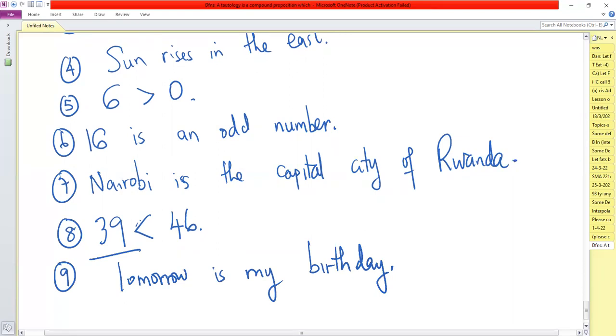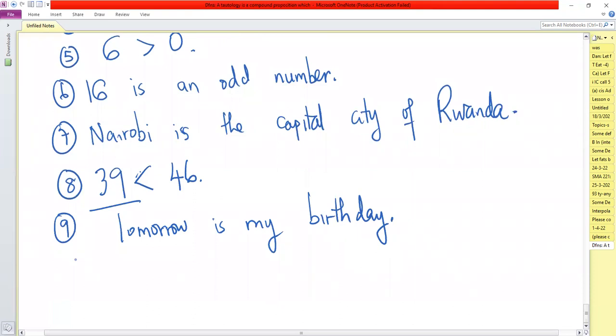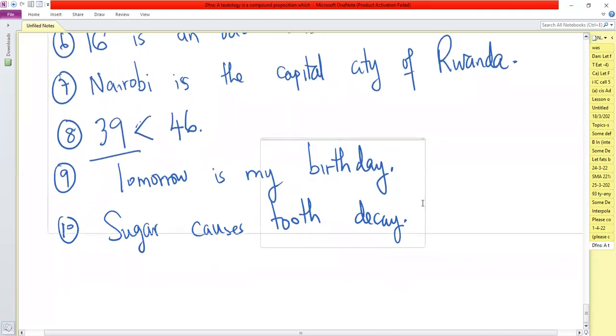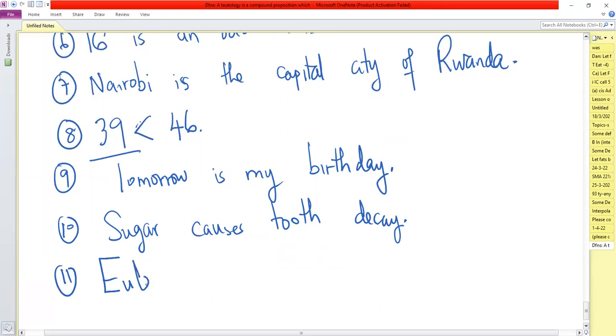Number 10, sugar causes tooth decay. Number 11, another example of a proposition or statement: Euler was right-handed.